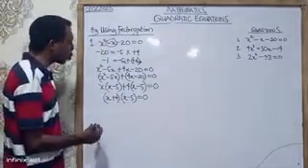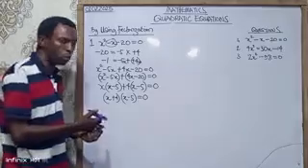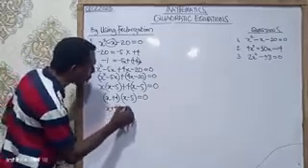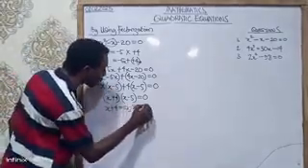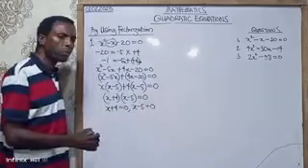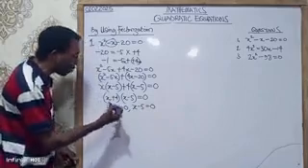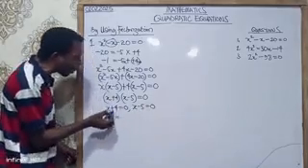Now we begin to equate each of the brackets to 0. That means we have x plus 4 equals 0, put a comma, x minus 5 equals 0. So from this place, the next thing is we want to get the value of x. X is equal to, I'm having plus 4.